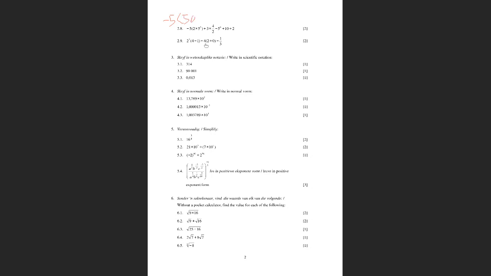Then, after that, BODMAS says we do the exponents and the division. So it will be plus 3 times 4 over 2, minus, we do the exponent, 5 exponent 0 is 1.